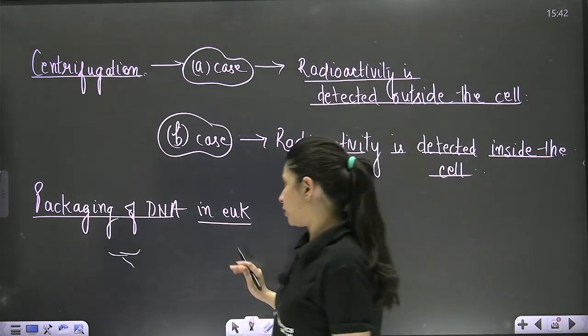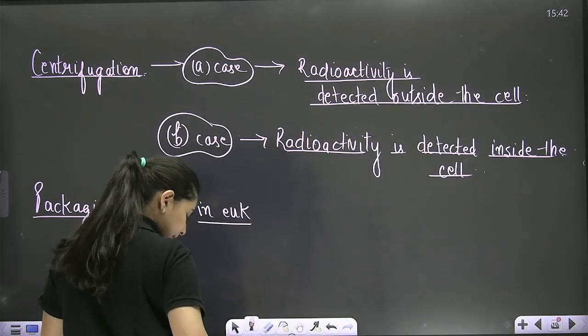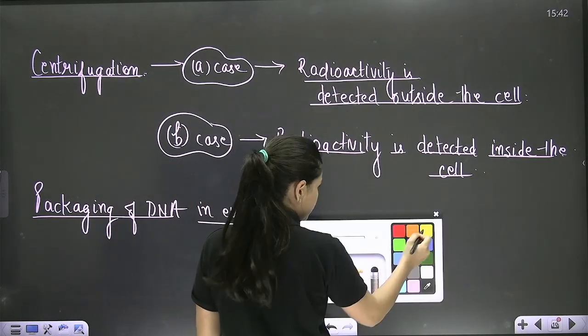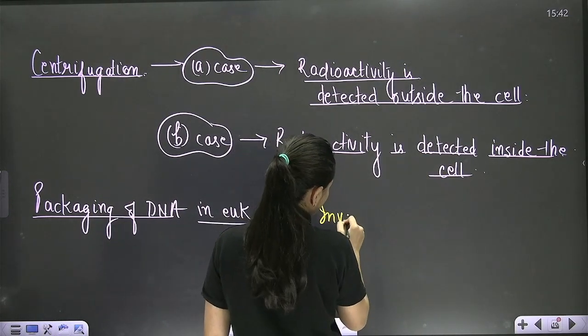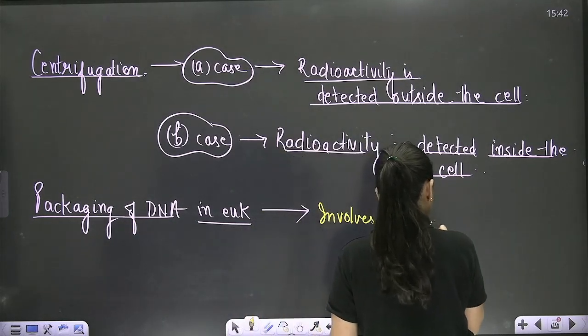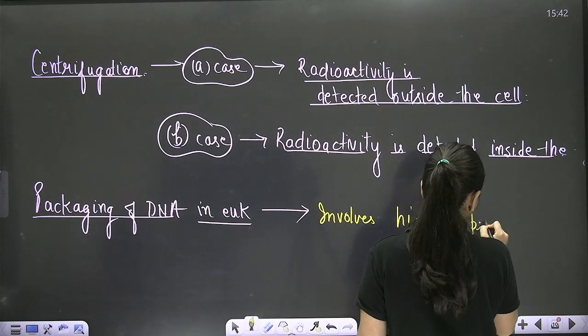Very, very important, right? So basically, beta, packaging of DNA in eukaryotes involves histone proteins.